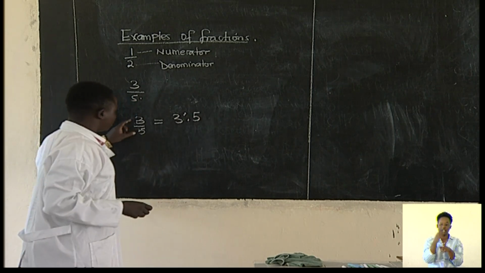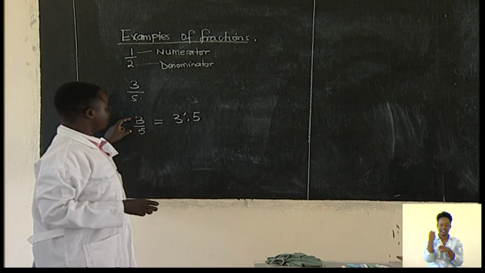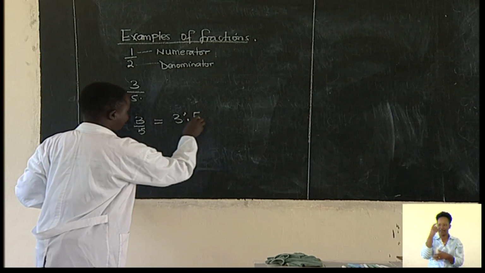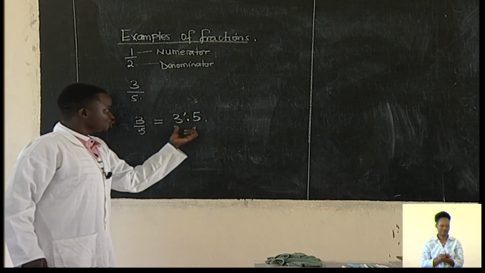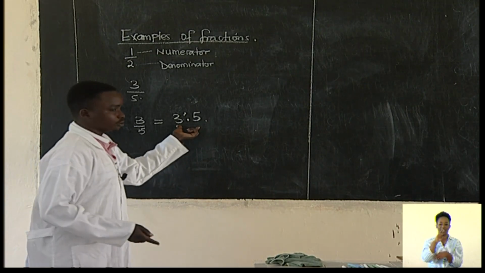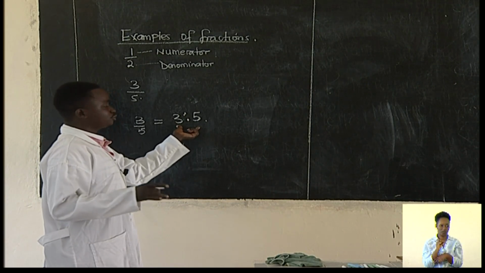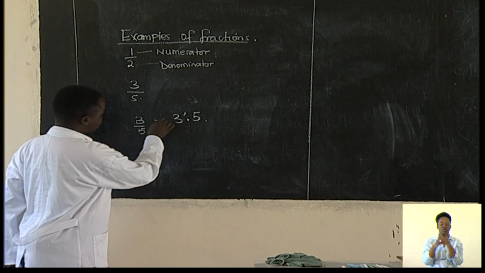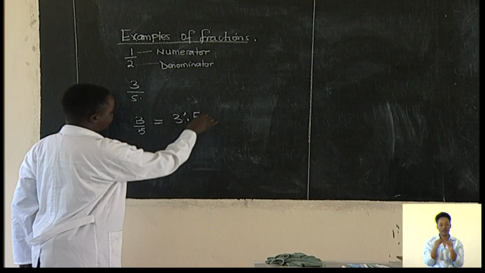So a ratio can be expressed in the form of a fraction or in the form 3 to 5. A ratio is a mathematical fraction showing the relationship between or among variables.